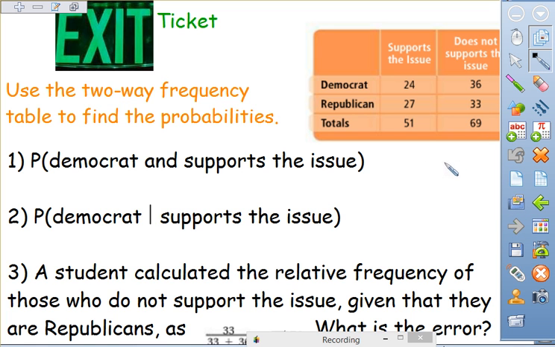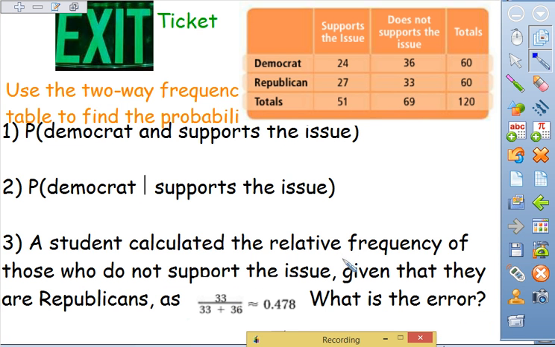Here's the exit ticket. Please pause the video while you work on it. Here are the solutions. What is the probability that the person is a Democrat and they support the issue? Democrat and they support the issue would be 24 out of our total 120, which is 1/5 or 20%.